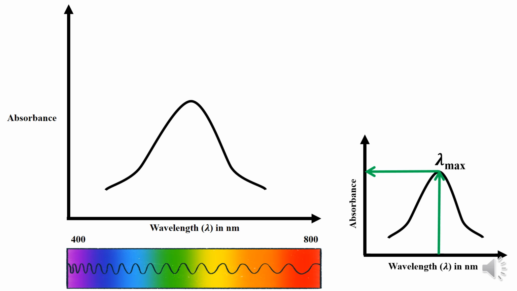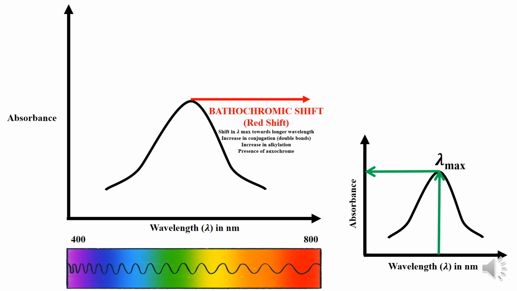Now, what is bathochromic shift? Now, bathochromic shift, also called as red shift, is the shift in lambda max towards longer wavelength. So during bathochromic shift, you will find that there is shift in lambda max towards longer wavelength, that is towards the red region.